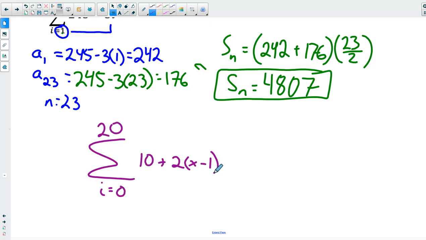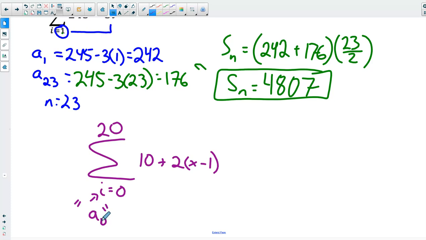If I get something like that, it just changes two things. Now, I'm still going to find a sub 1, because a sub 1 is telling me my first term. It's telling me to use whatever the index says. So my a sub 1 is actually a sub 0. So I plug 0 in there to figure out that starting point.